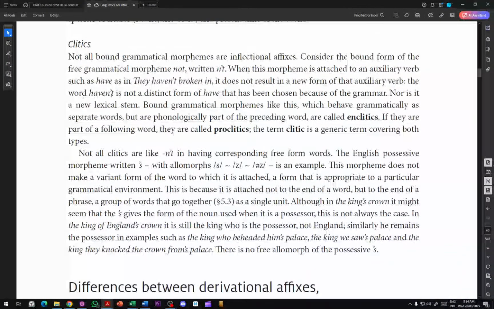The word haven't is not a distinct form of have that has been chosen because of the grammar, nor is it a new lexical stem.